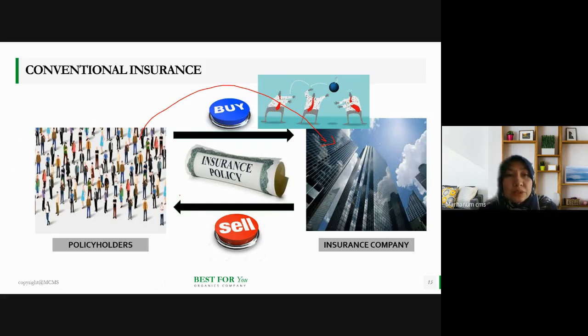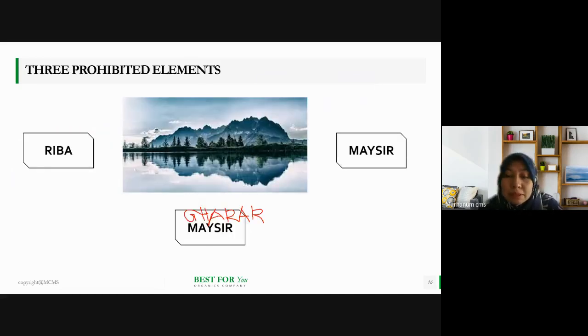But in the insurance context, yes, the policyholder gives money, the premium, but in return, what does the insurance company give them? Just a piece of paper. That piece of paper does not really mean the protections. The protection will come in future, but we do not know when or how it comes. So it is uncertainty, the gharar element.